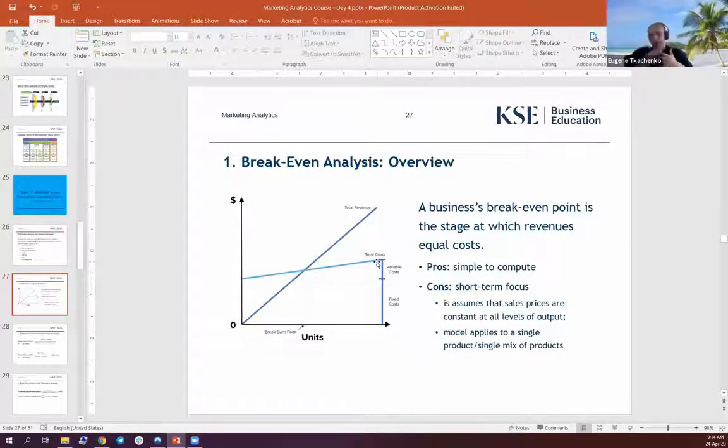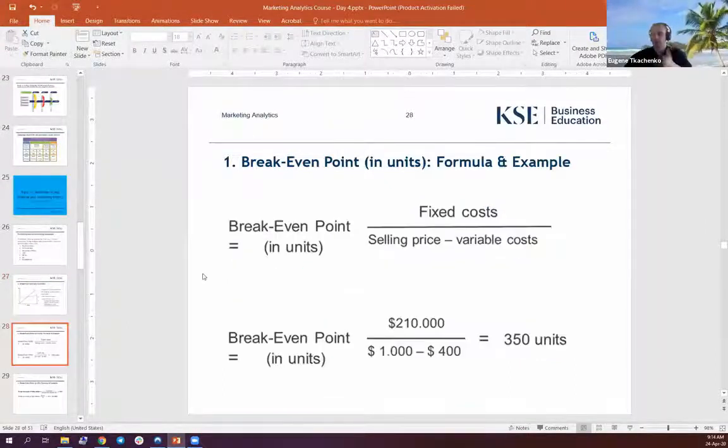That's why it is important to understand and to use the right pro formas to calculate both fixed and variable costs.